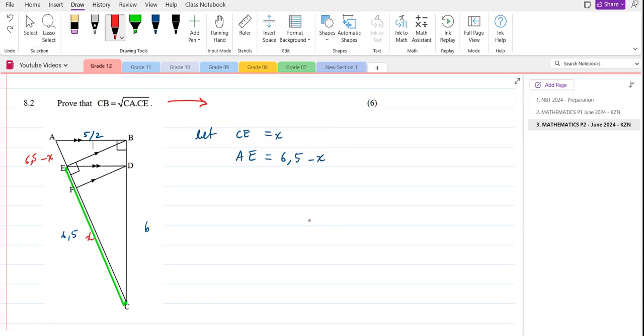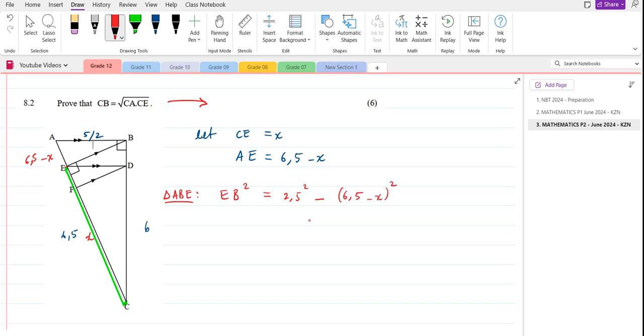What is EB? So in triangle ABE, I got EB squared is equal to 2,5 squared minus 6,5 minus X all squared.